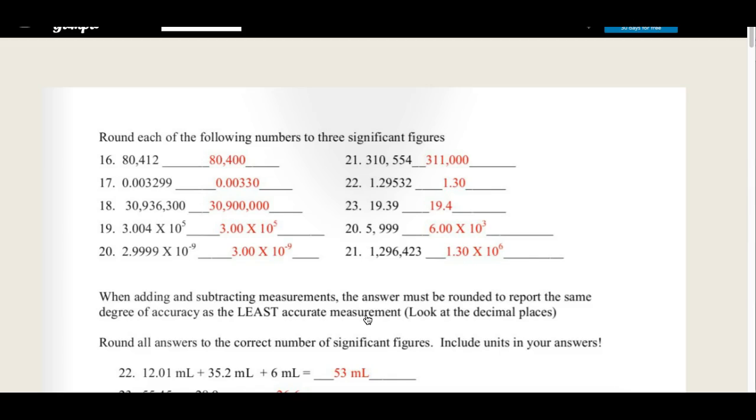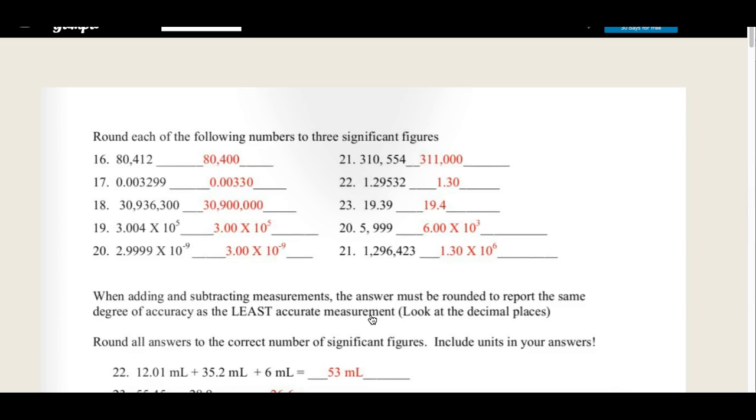Question 17, you can see a bit of rounding done, and so forth. So 19, we've got some scientific notation in there as well. So we're only rounding the numeral part of it. And I'm just trying to see if there's anything else that is quite interesting.